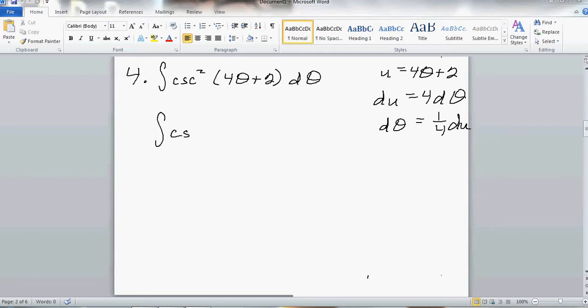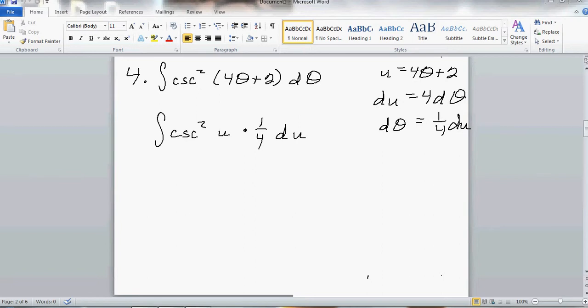So let's see what happens here. We'll get cosecant squared of u, and instead of d theta, it's going to be 1/4 of du. And basically, once again, theta should be gone. Well, it happened to fall out pretty simply in that situation.